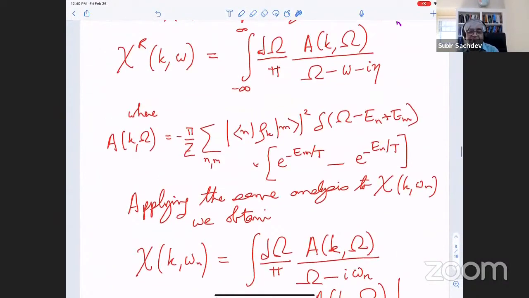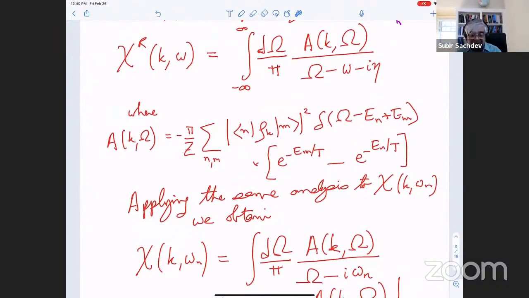Okay, so that's a very crucial and important result, that the spectral density of the retarded commutator is the same as the spectral density of the time-ordered correlation function of imaginary time. Now, even though this is a very suggestive expression, it's not so easy to implement, at least when you have numerical results.